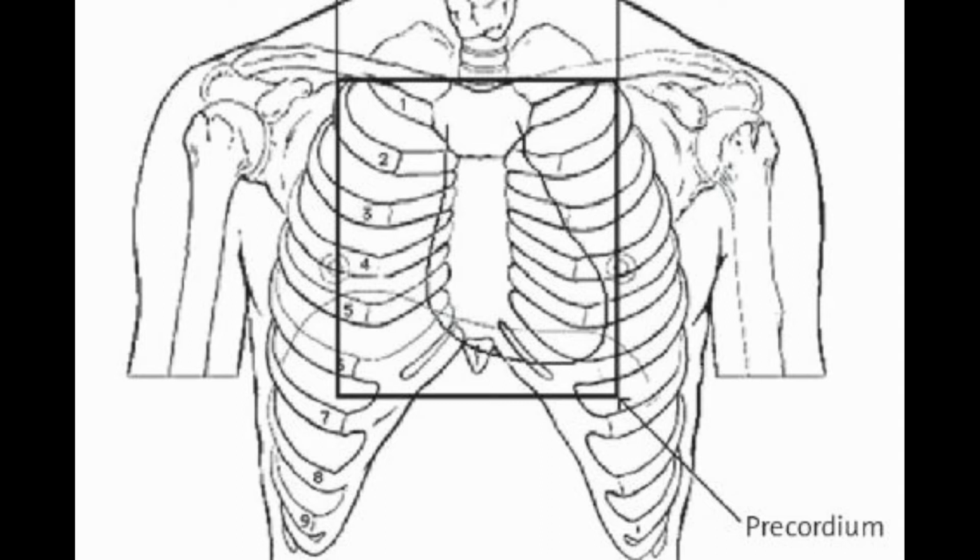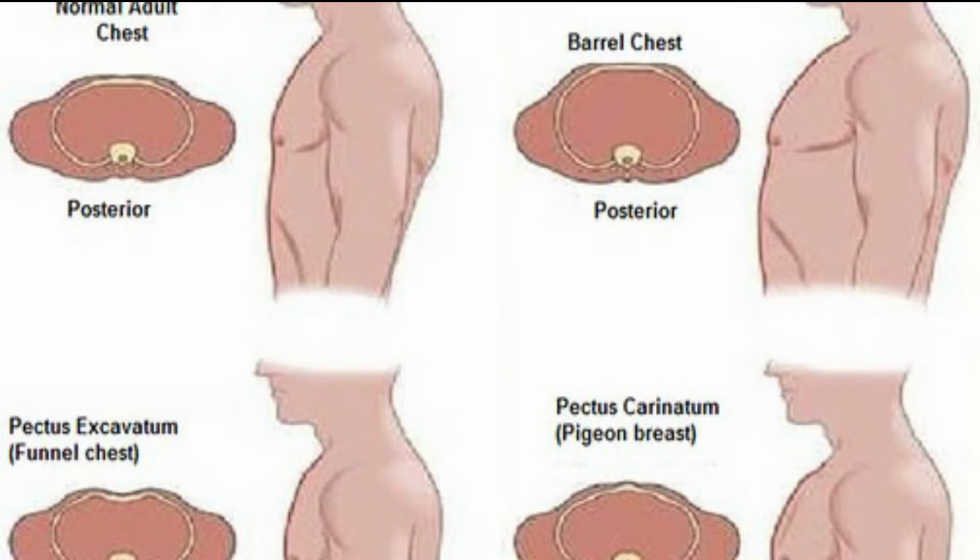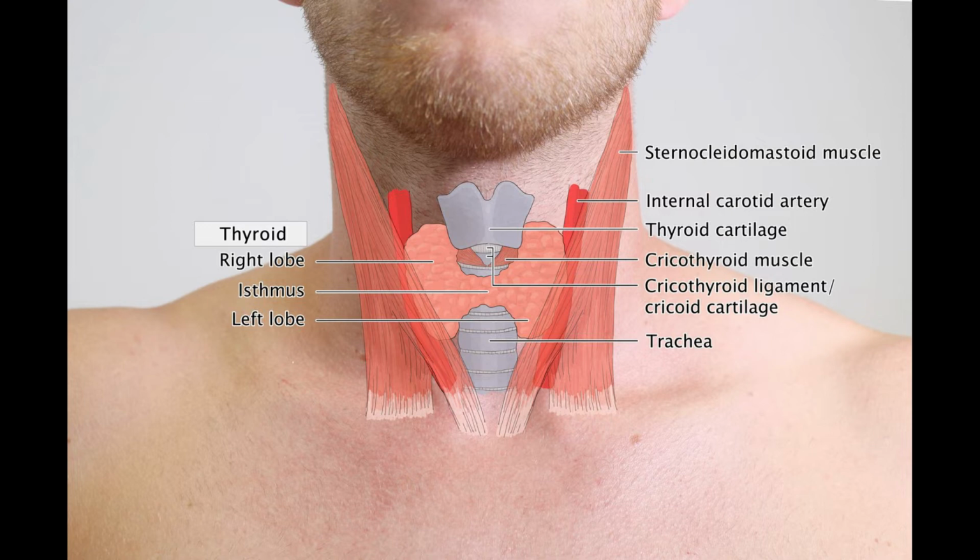Regarding the examination of the precordium, as you know, first of all we have to inspect the precordium for the shape of the chest. Are there any distended veins, and what about the position of the trachea? Are there any scar marks or sinuses?